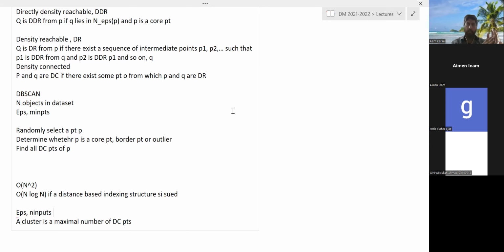If you fix EPS and you increase minimum number of points, you are now more interested in denser regions. And if you decrease minimum points for a fixed EPS, then of course you're considering less dense regions. So these two parameters do control the density and the eventual clusters that are formed. And it's quite sensitive actually. So oftentimes in practice, if you're not using some of the more advanced techniques, you will have to try various combinations of these parameters to find the best clusters in your data set.